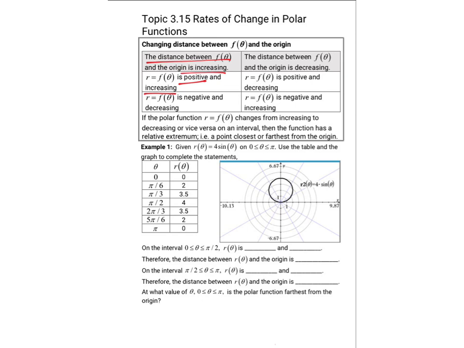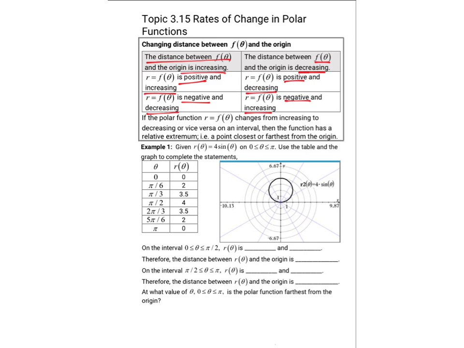Either r is positive and increasing, or r is negative and decreasing. Then you can tell the distance between f of theta and the origin is increasing. Okay? If your signs are opposite, r is positive and decreasing, or negative and increasing, then the distance between f of theta and the origin is decreasing.